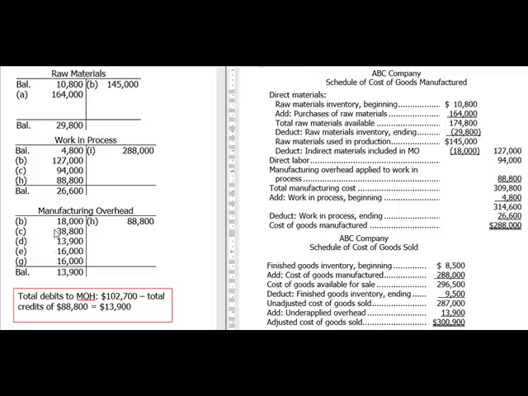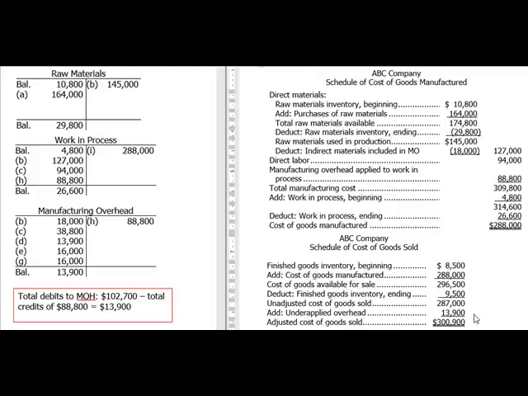The difference between the total debits and our credit. We can't just leave that balance in there. The manufacturing overhead account is a clearing account, and we need to close it to zero. And so therefore, what we'll do is transfer the underapplied overhead into cost of goods sold, and we'll reflect that here in our schedule.